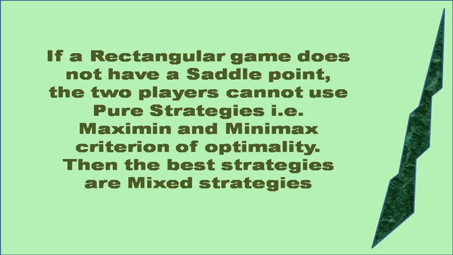If a rectangular or two-person zero-sum game does not have a saddle point, the two players cannot use pure strategies. That is, the maximin and minimax criterion of optimality cannot be used. Then the best strategies for the players will be mixed strategies, or optimal mixed strategies.